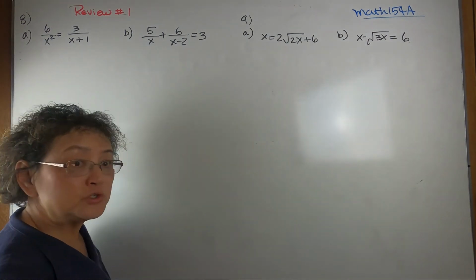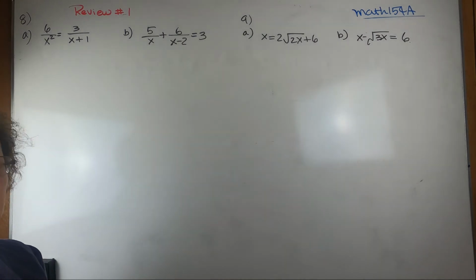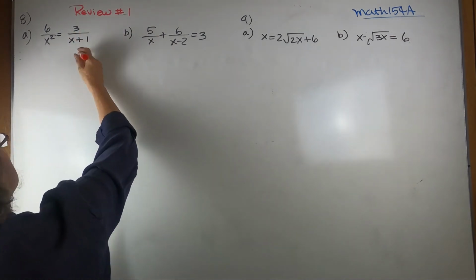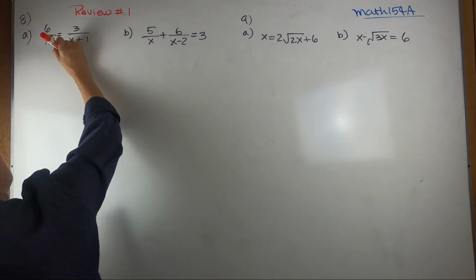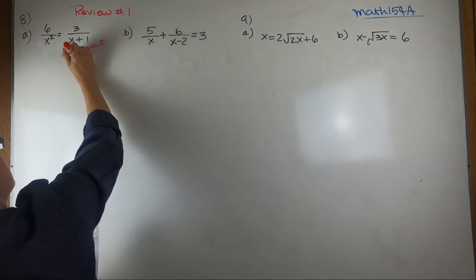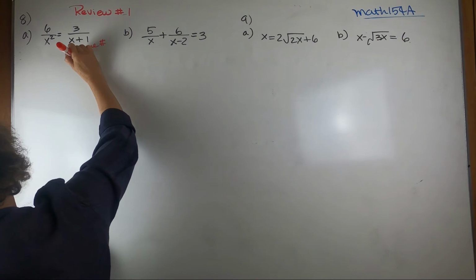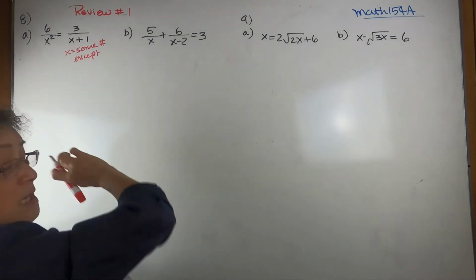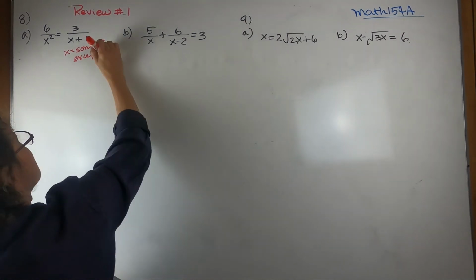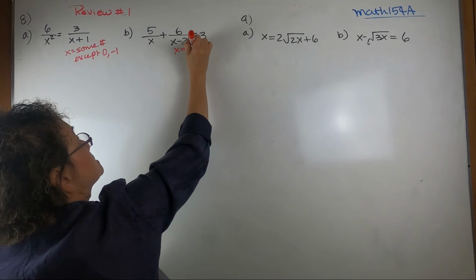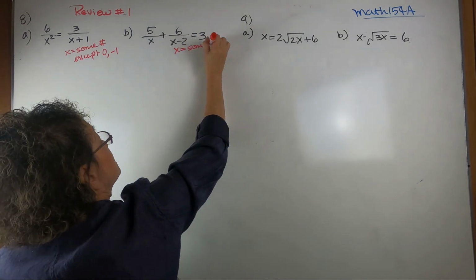When they have restrictions, when we solve problems, we better check. So for this one, you can see x equals some numbers, rational, right? But the denominator cannot be 0. So except 0 and -1. So here x is some numbers except what?